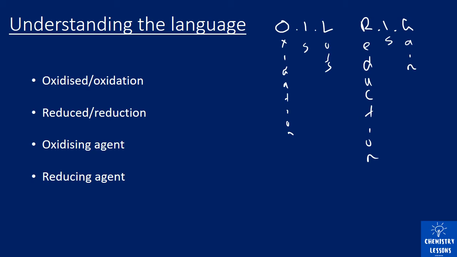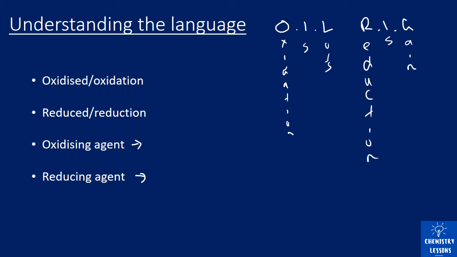Now, you won't have used these two terms, but they're fairly straightforward. So an oxidizing agent, it's something that oxidizes something else. So an oxidizing agent is something that will take electrons. So if you take electrons from something, you are oxidizing it. You are an oxidizing agent. So you could visualize this as an oxidizing agent is being reduced. It is taking electrons.